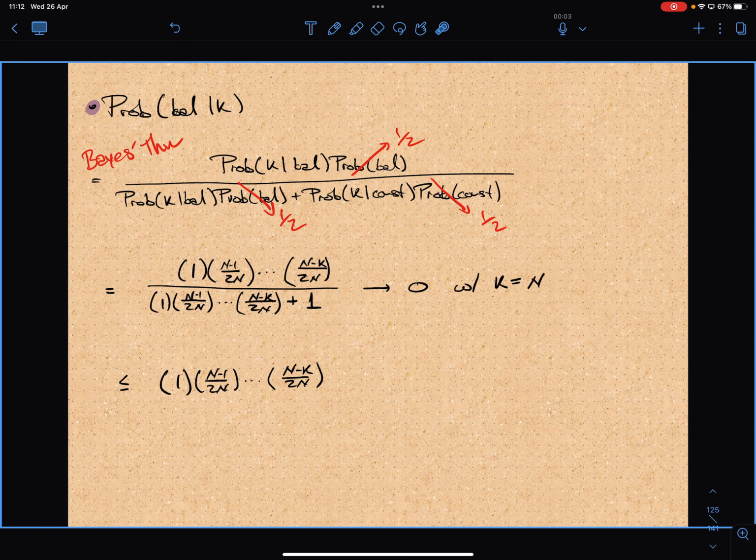The main observation that I wanted to take away from this thought experiment is that when k is equal to n, meaning that we've done n plus 1 measurements, that's when the probability that it's balanced goes to 0. So if we have n plus 1 measurements that are constant, then the probability of being balanced becomes 0.